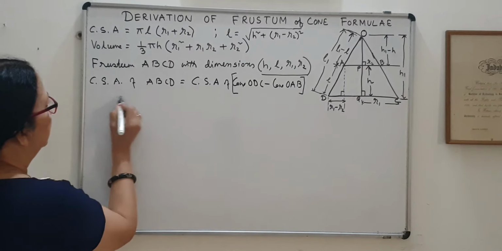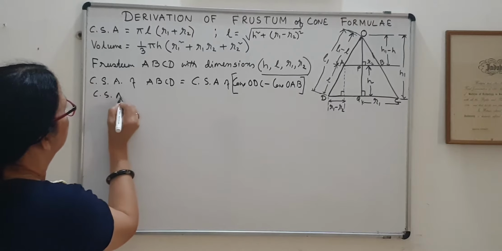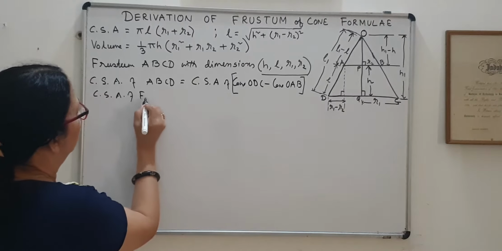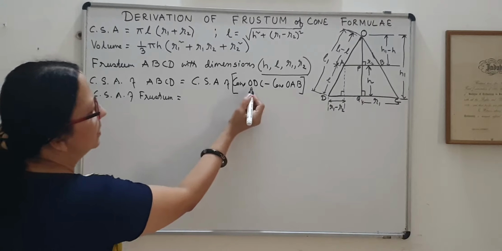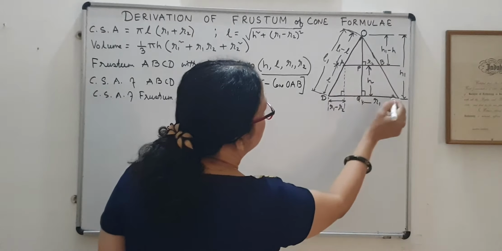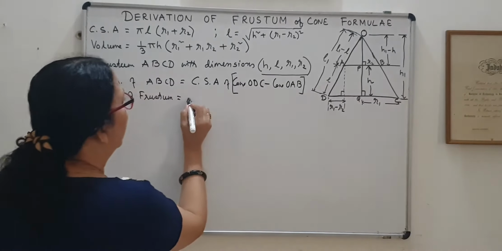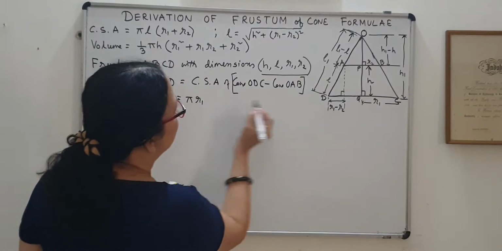So this will be what? So CSA of the frustum is CSA of cone ODC, the bigger cone. Formula we know pi, radius is R1 and the slant height is L1.